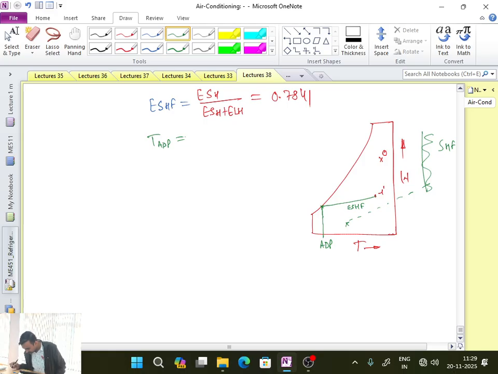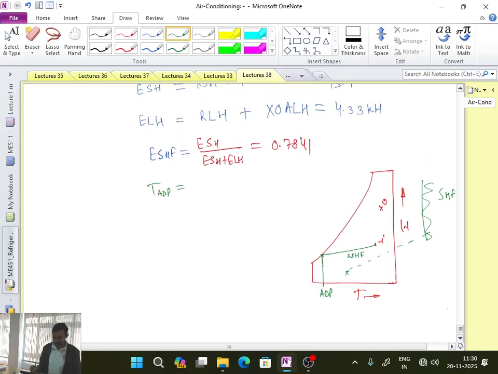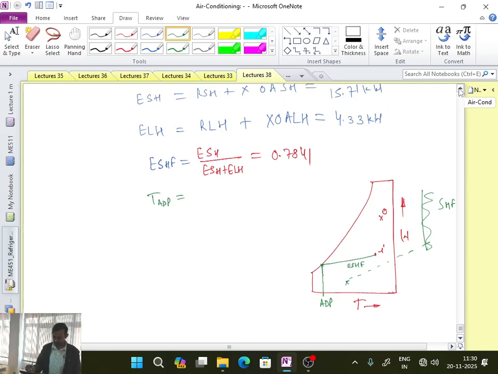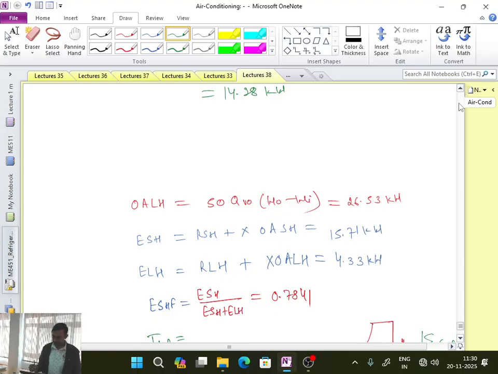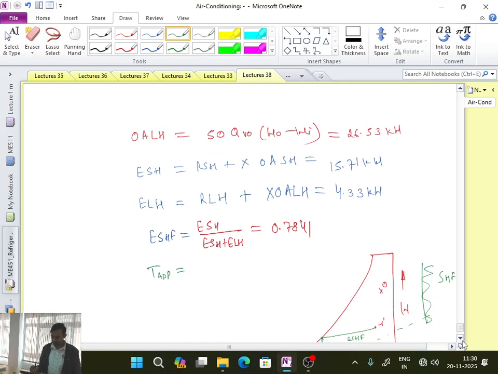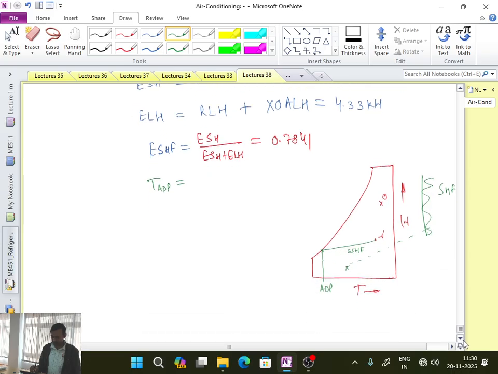TADP, please. Any other value for TADP? Can someone tell me another value for TADP? Please tell me.